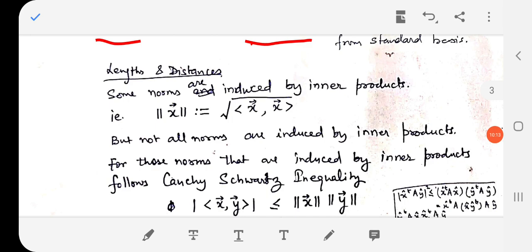In the next video, we are going to talk about lengths and distances. Lengths and distances again give you a sense of direction, because if you know the length and the distance, you can find the similarity between the two vectors.